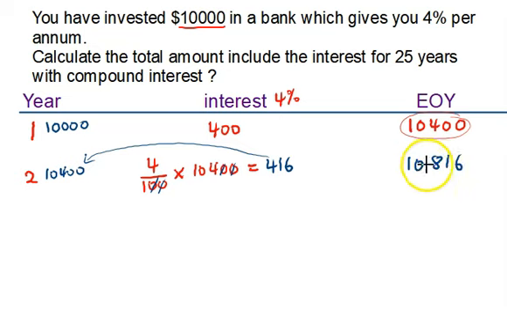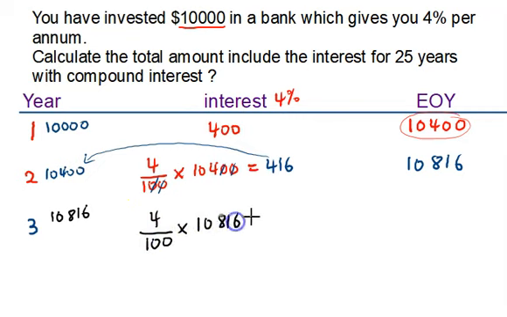10,816. And if you continue over here, number 3, the third year, which is 10,816, the same interest, 4 over 100 multiplied with 10,816, you will be getting 432.64.